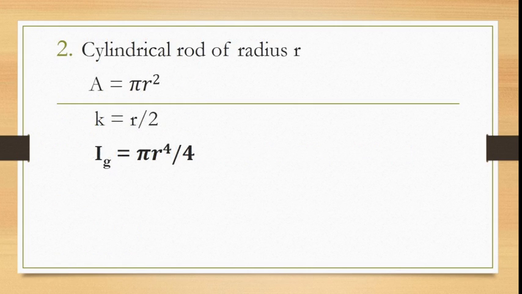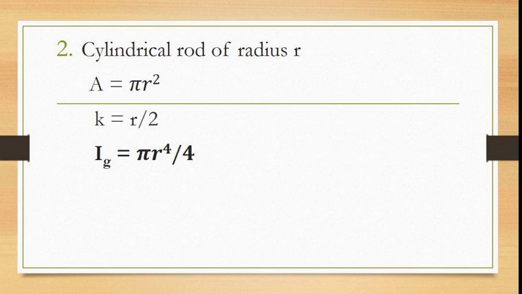Now, for a cylindrical rod of radius r, what is the area? Radius is r, so area is pi r square, and the radius of gyration k is equal to r by 2. So what is Ig, the geometrical moment of inertia? Ig is equal to A into k square.